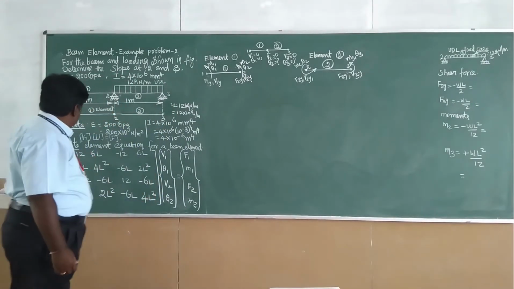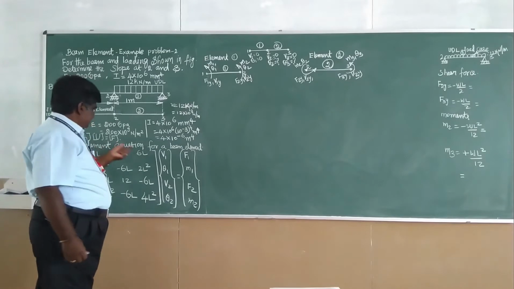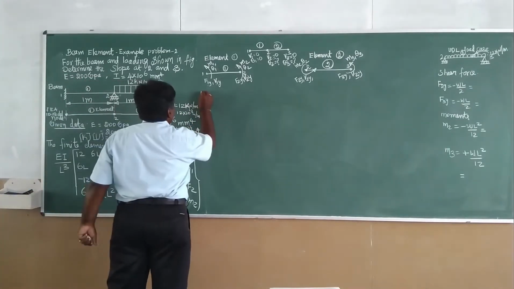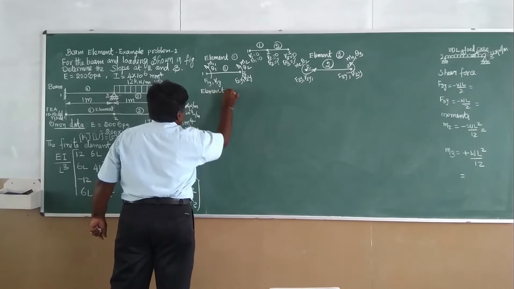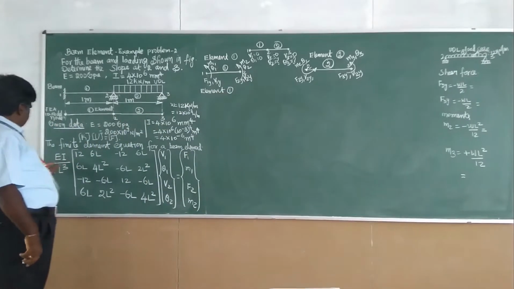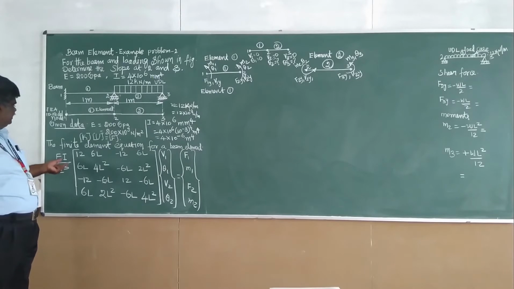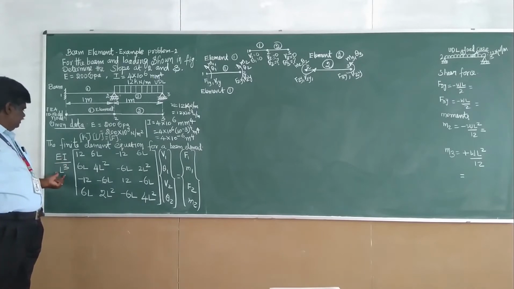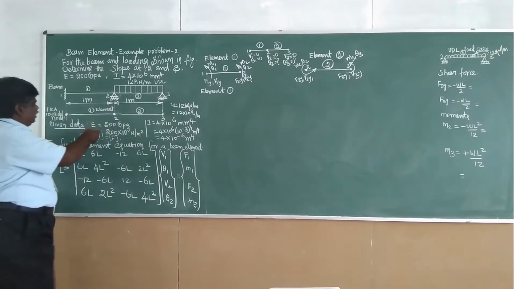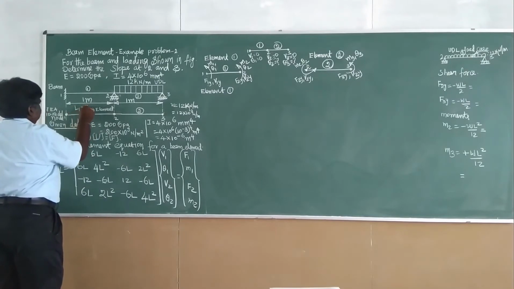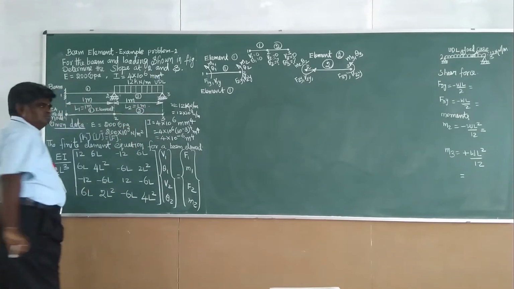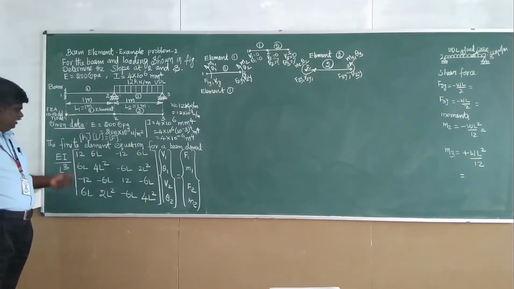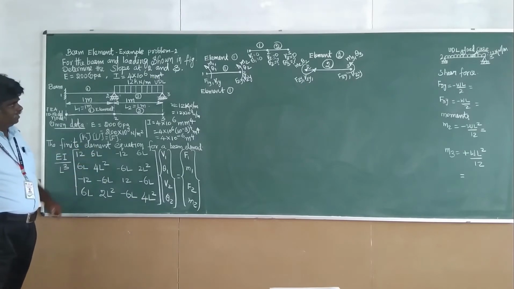First we form the element equation for beam element 1. Considering the Young's modulus, moment of inertia and length, L1 is 1 meter, L2 also 1 meter.